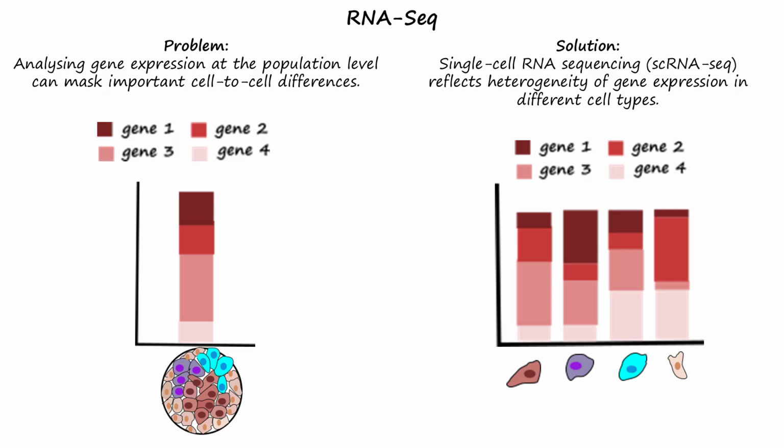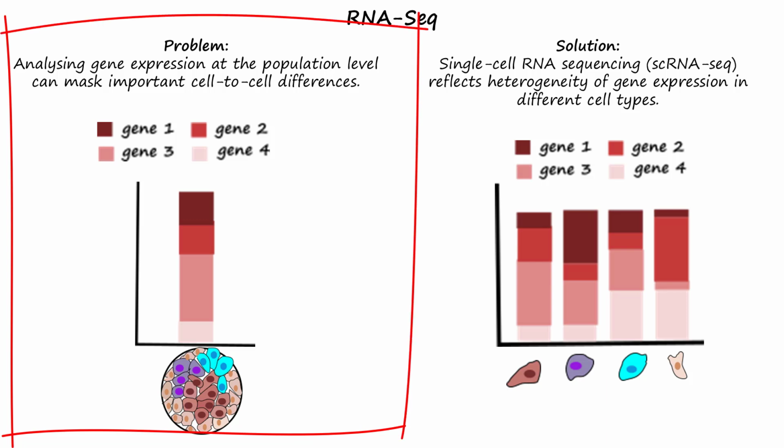Even then, analyzing gene expression at the cell population level can mask important cell-to-cell differences. Conventional bulk RNA-seq provides an averaged expression profile across many cells, potentially obscuring biologically meaningful variation.